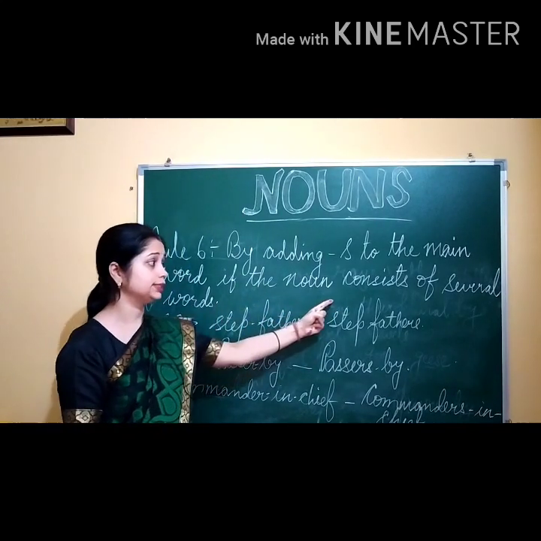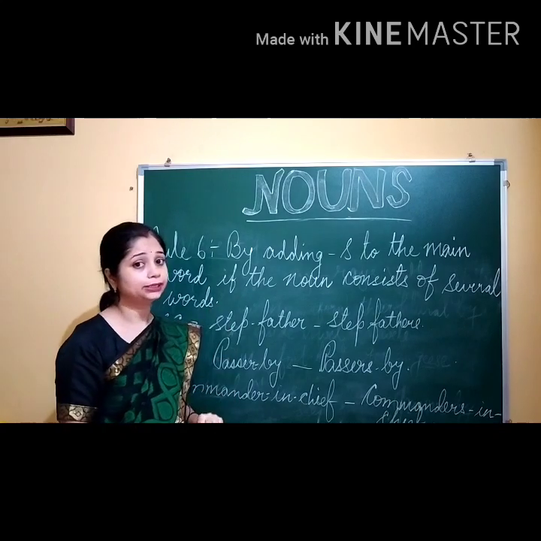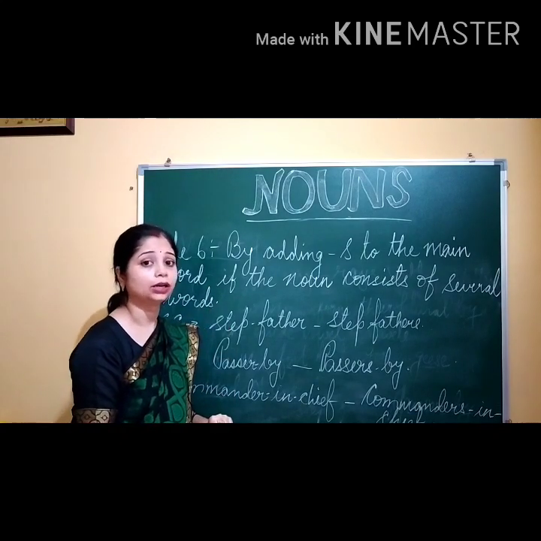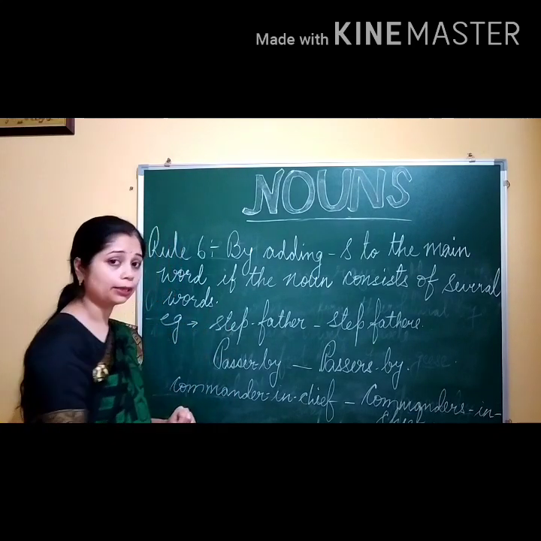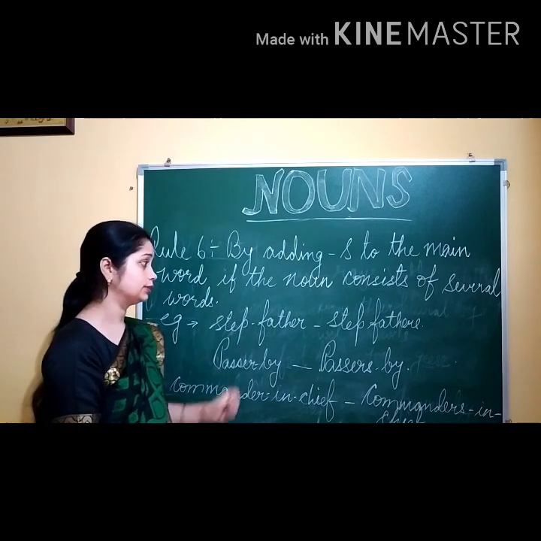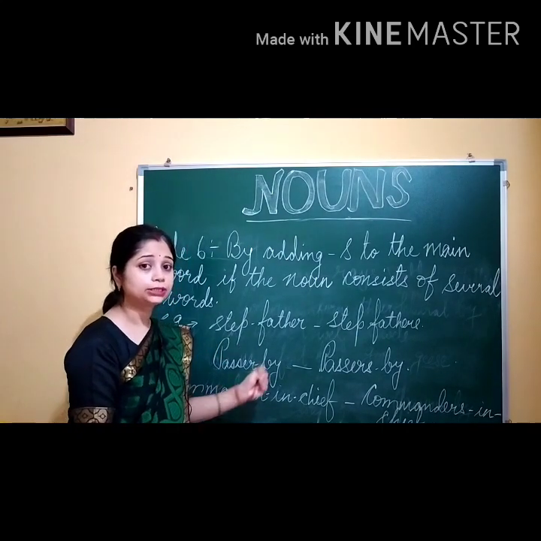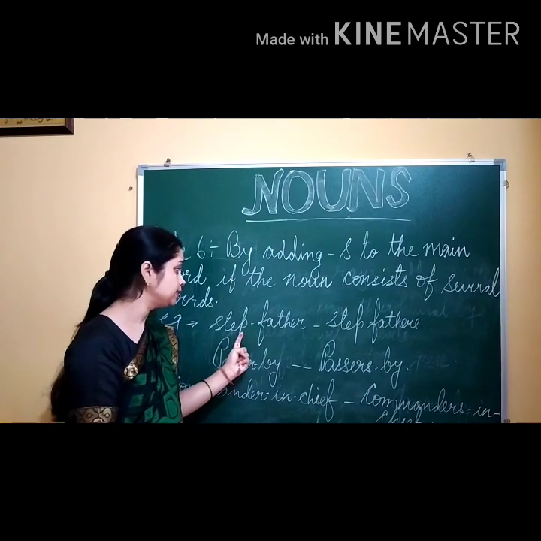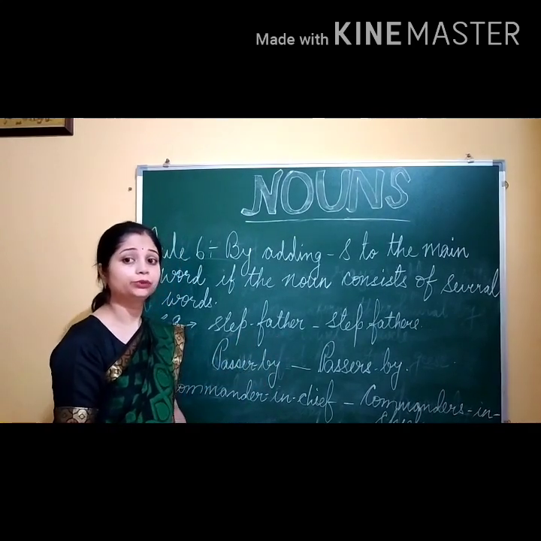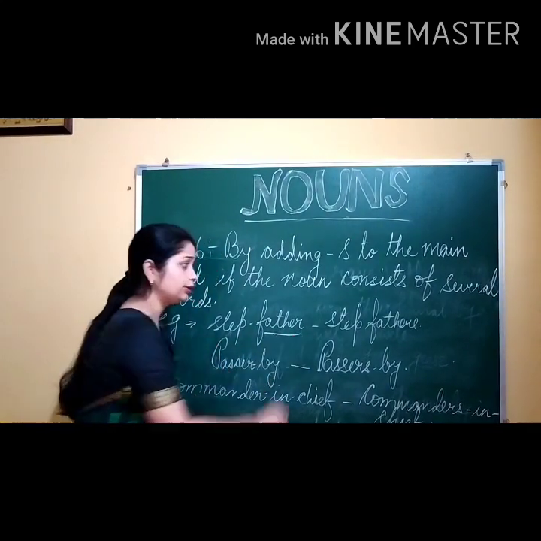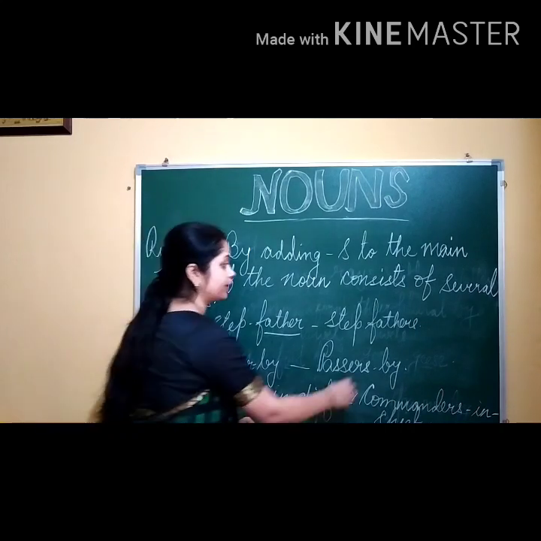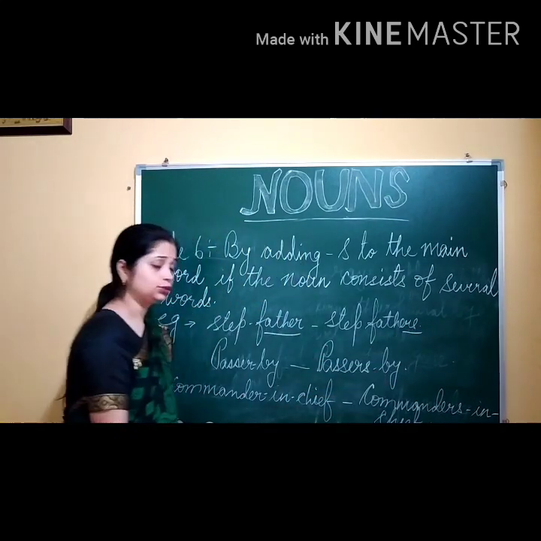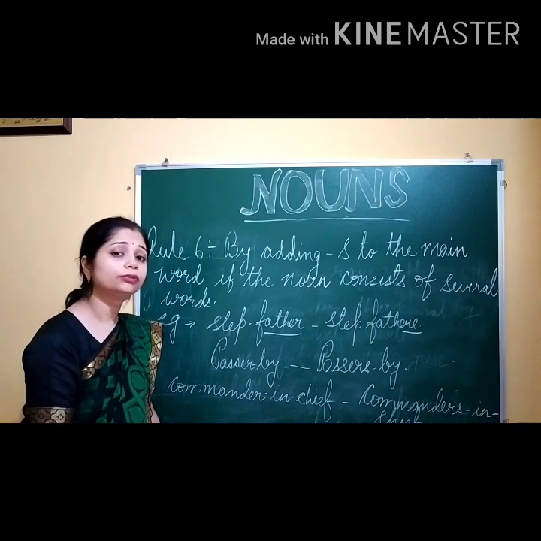If a noun consists of several words, that means the noun is a compound noun. Let's take a few examples. Stepfather, we have to find out which is the main word in these 2 words. Father is the main word and therefore we have added S to father to change its form to plural.